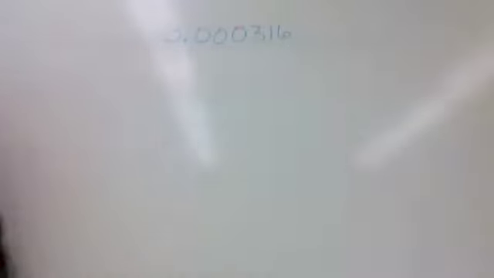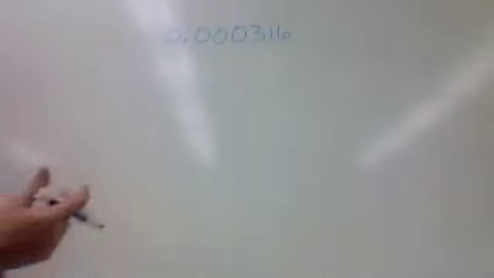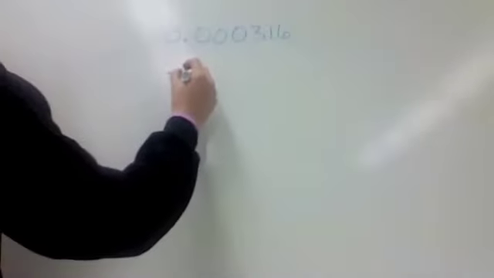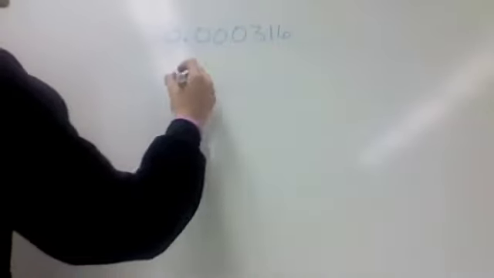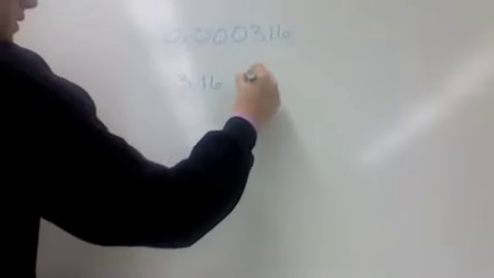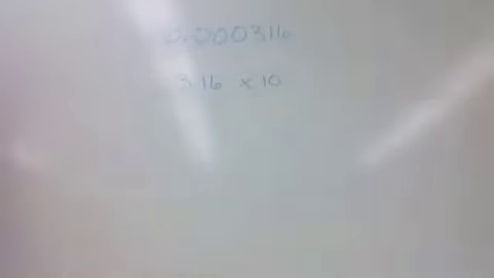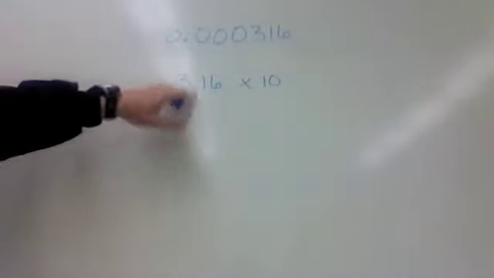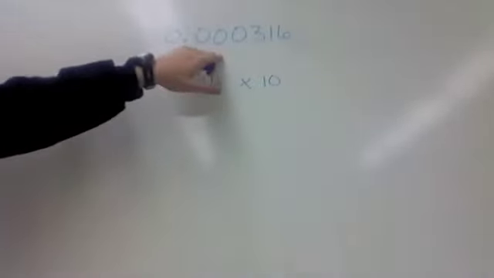So let's take a look at example 1. Example 1 asks us to write 0.000316 in scientific notation. The first thing we're going to do is put our decimal in between our first and second number. So we get 3.16 times 10 to some power. Now, in order to get from 3.16 to 0.000316, how many places do we have to go?